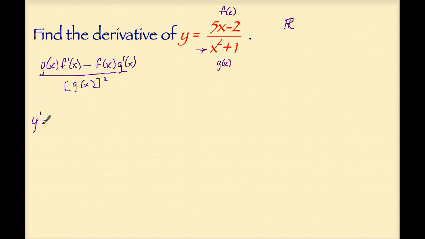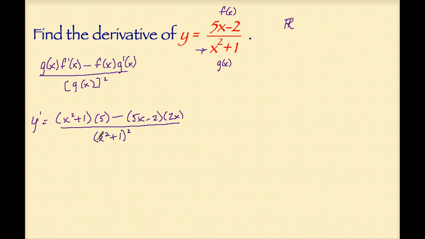Y prime then will be the bottom function, x squared plus 1, times the derivative of the top function, which in this case is 5, minus, don't forget this is minus, in the product rule it's plus, and often that gets confused, minus the top function, 5x minus 2, times the derivative of the bottom function, 2x, over the denominator, g of x squared. X squared plus 1 quantity squared.